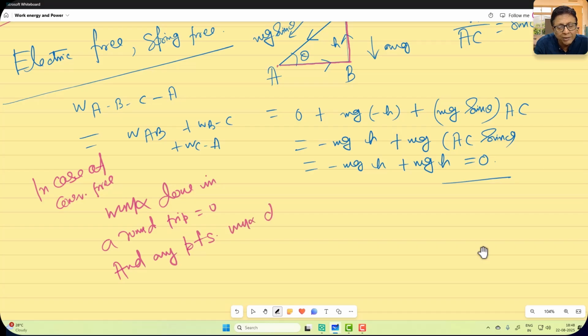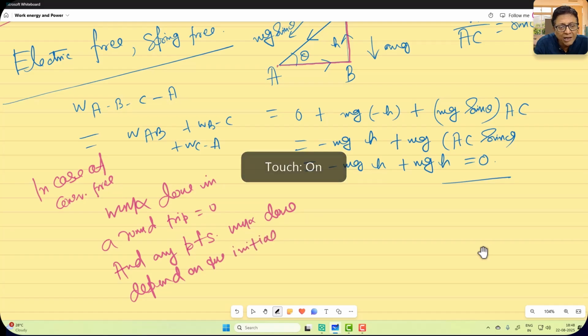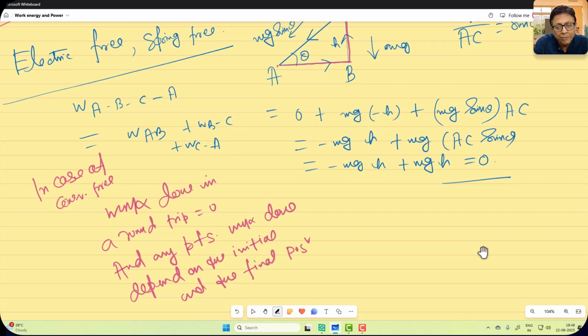work done depends on the initial and the final position. Okay?